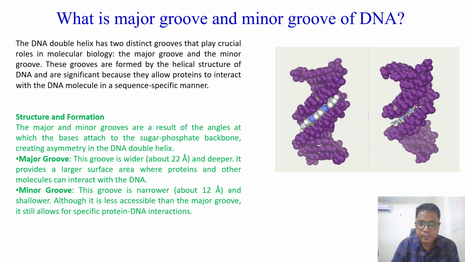So why are these grooves important? When we are taking cells where the DNA is infected with cancer, and we need to break the DNA of those cells, at that time we will take some chemotherapeutic drug molecules. Those drug molecules will bind in the major groove of the DNA, and then they will disrupt the overall structure of the DNA and break the DNA of that particular cell.